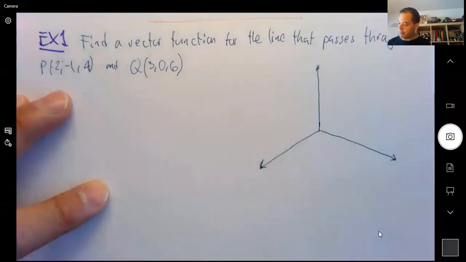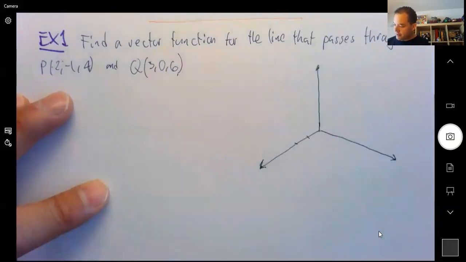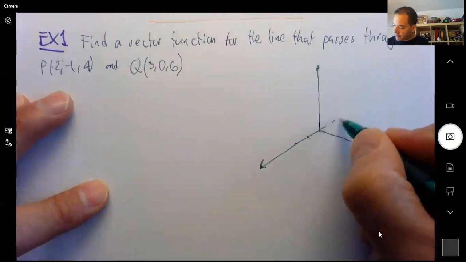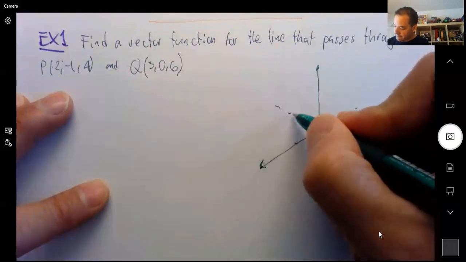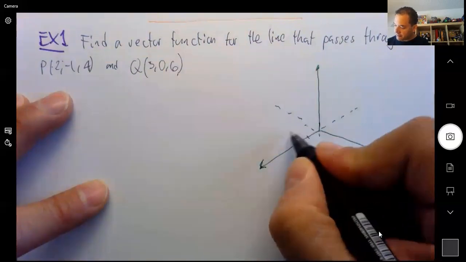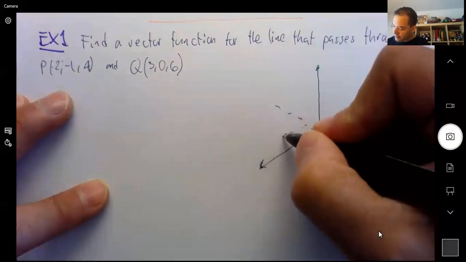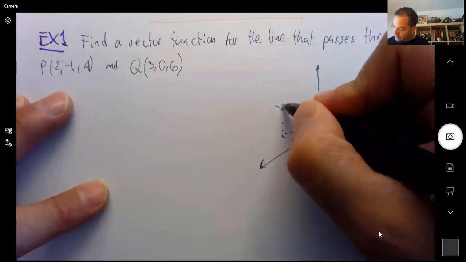And we have the point P, which is 2 units this way, 1 unit negative 1 in the opposite direction. So 1 unit here, so we're here, and then 1 unit, or 4 units up. 1, 2, 3, 4.